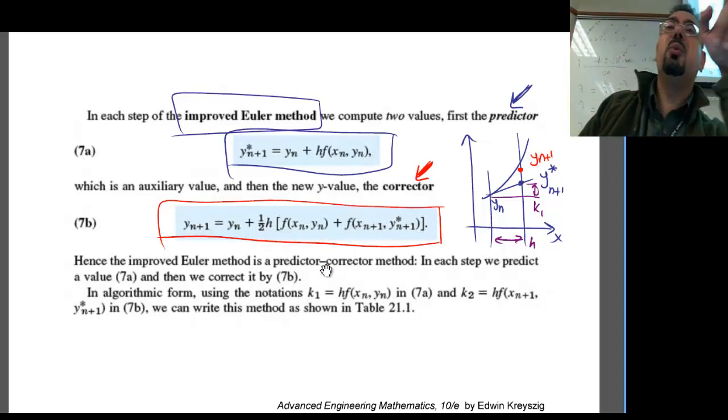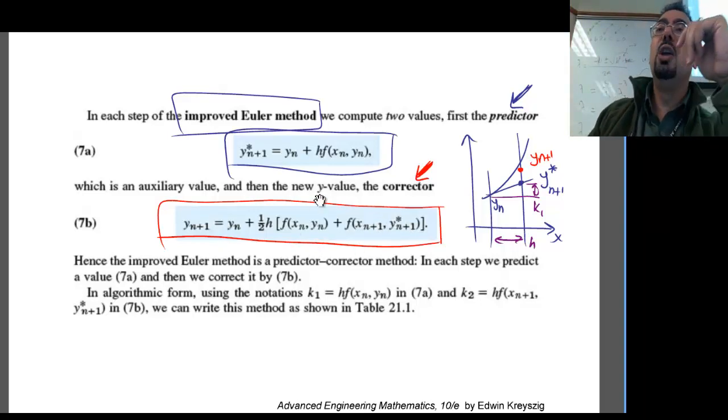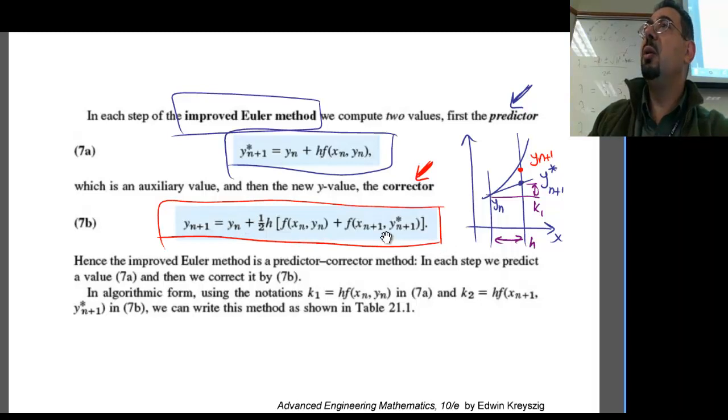In the exam, what students confuse is that they do this right, but then when they come here, they say yn plus 1 star plus this. That's wrong, because we are recalculating based on the initial point. So it's yn, not yn plus 1 star. This is as if you are going back and calculating yn plus 1 using yn, the initial value.